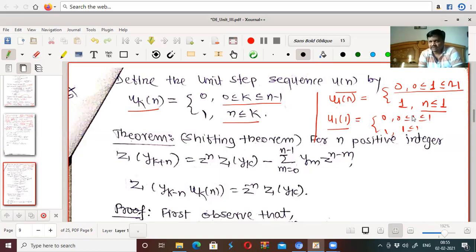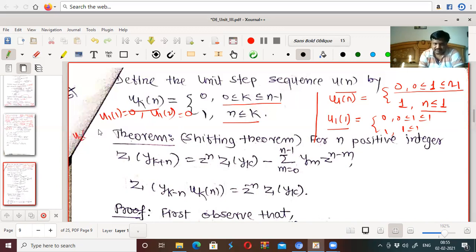Now u1 of 2 means more. What does it become? It becomes 0. u1 of 3, again it becomes 0. u1 of 4, it becomes 0, like that.